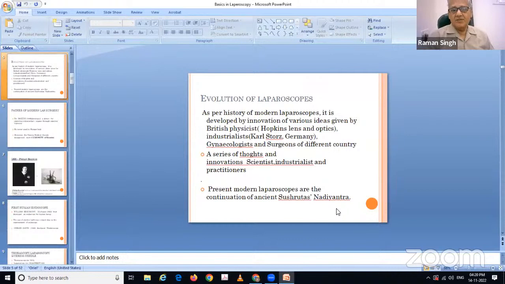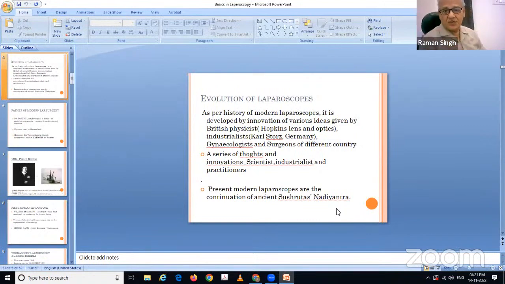Now, as per the history of the modern laparoscope, it was developed by the innovation of various ideas. Many modern surgeons and scientists, British physicists like Hopkins, who developed the lens system, industries like Karl Storz from Germany, who started making the various laparoscopy instruments, and various gynecologists and surgeons from different countries contributed their ideas one by one, and presently we have laparoscopic surgery spread all over the world.